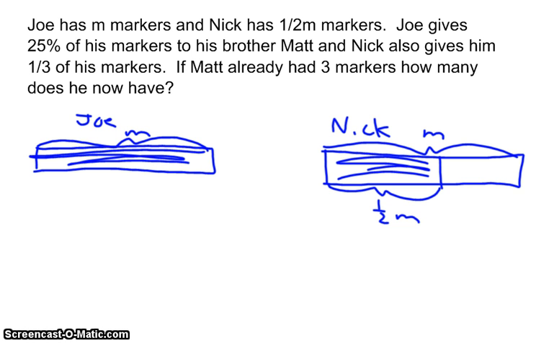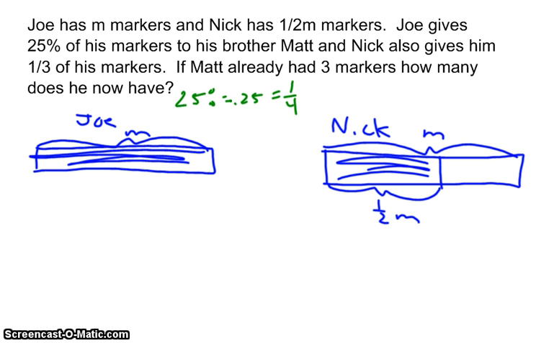Okay. Joe gives 25% of his markers to his brother Matt. So Joe gives away 25%. 25%, once again, we're going to do this into a decimal and into a fraction. 25%, we should know, is equivalent to 0.25, which is equivalent to 1/4.